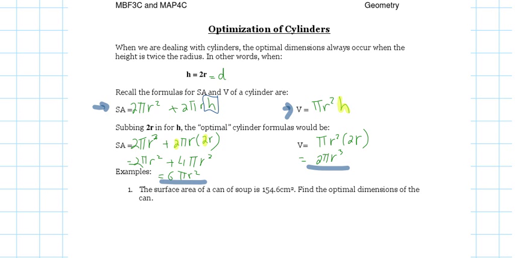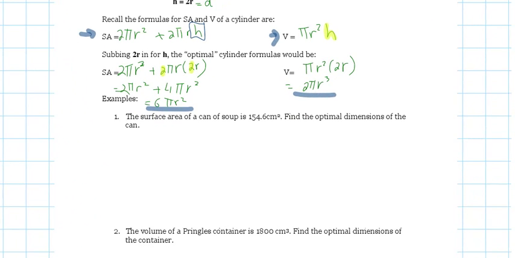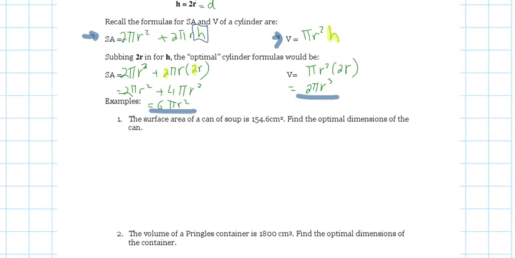So let's look at the question. The surface area of a can of soup is 154.6 centimeters squared. Find the optimal dimensions of the can. A can of soup is a cylindrical shape, right? I'm given the surface area, so which formula do I need to start with?